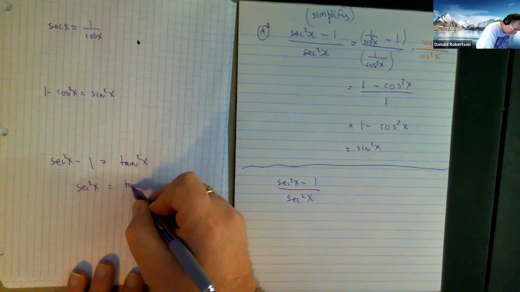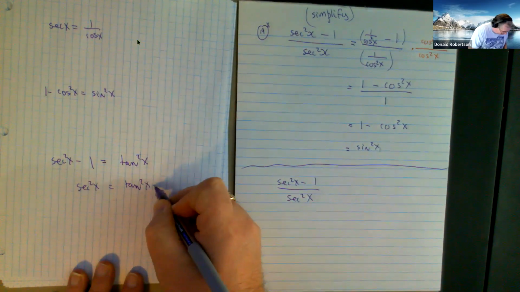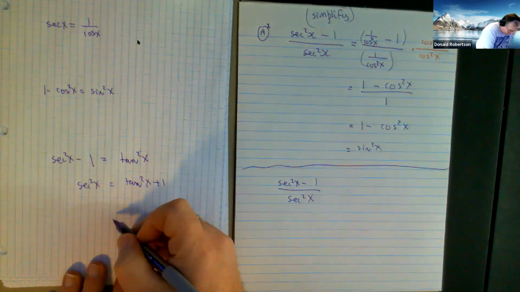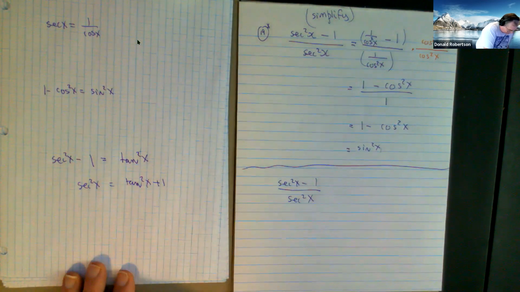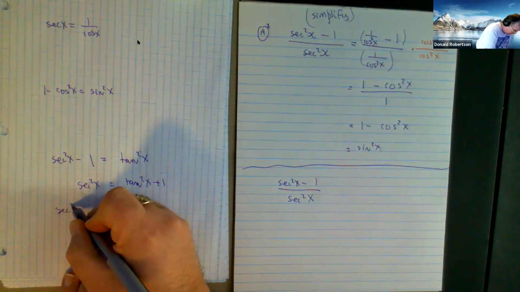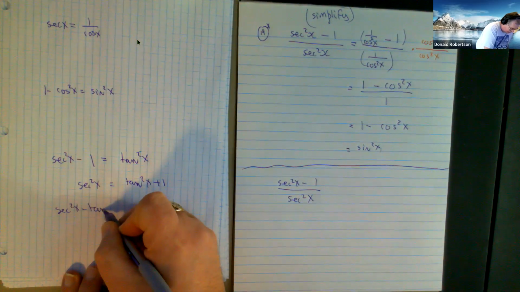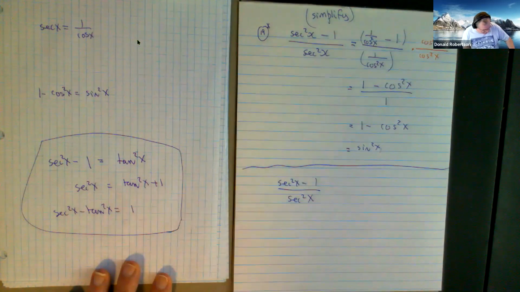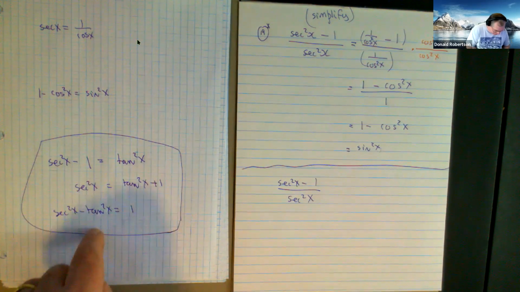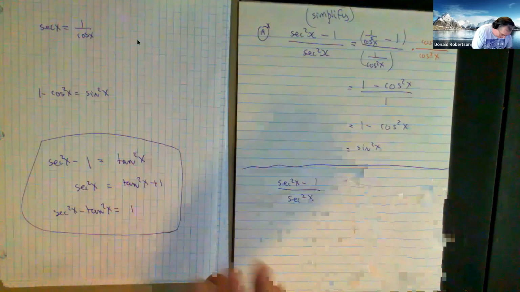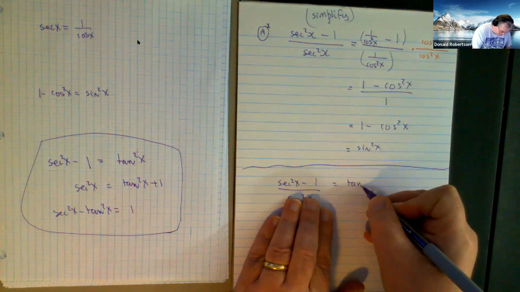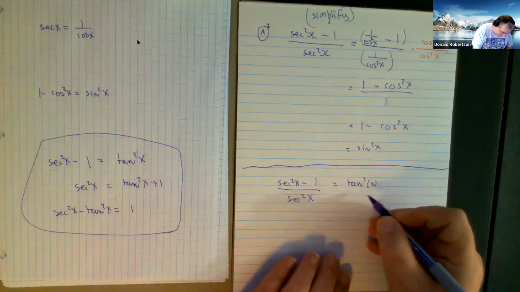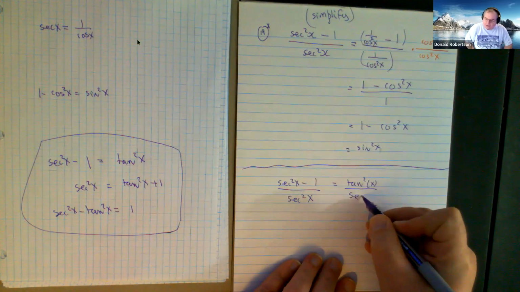Secant squared x is tan squared x plus 1. And another combination of this guy, if I can figure out what it is, secant squared x take away tan squared x is equal to 1. They're actually the same information, just rearranged in different ways. So the top guy is tan squared x, and the bottom guy is secant squared x.